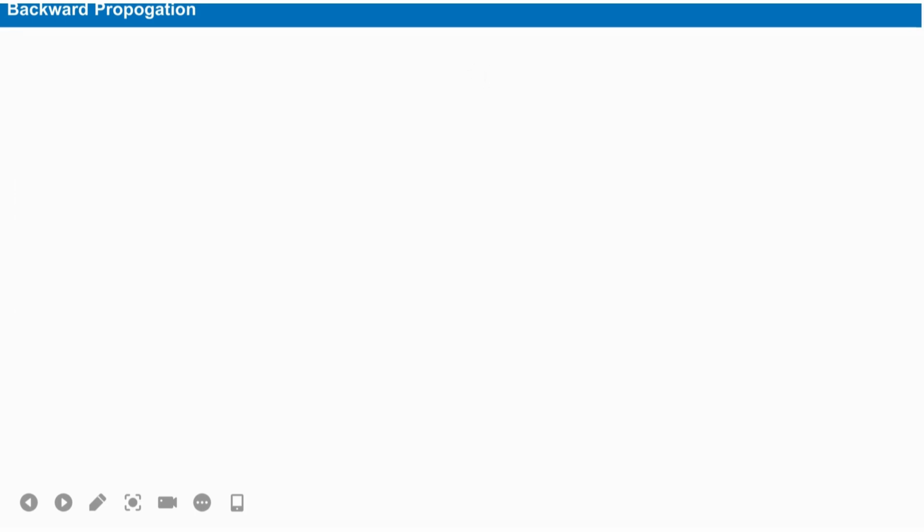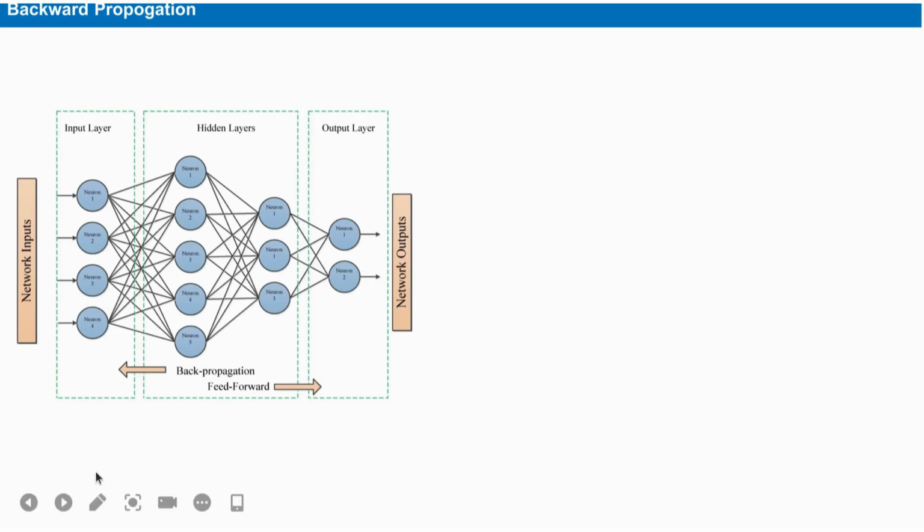Let me select my pen. In order to compute the derivatives, we need to find out the delta at the jth neuron in layer L. What is it?